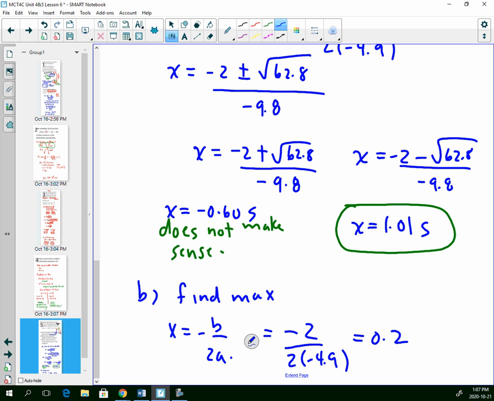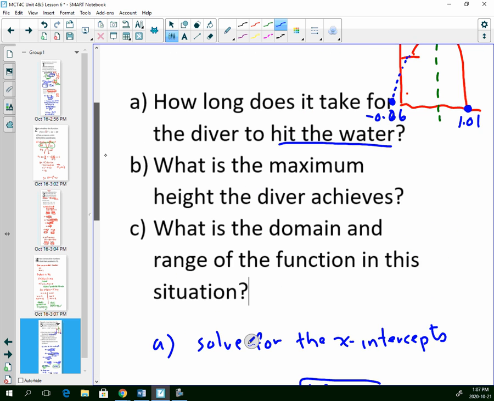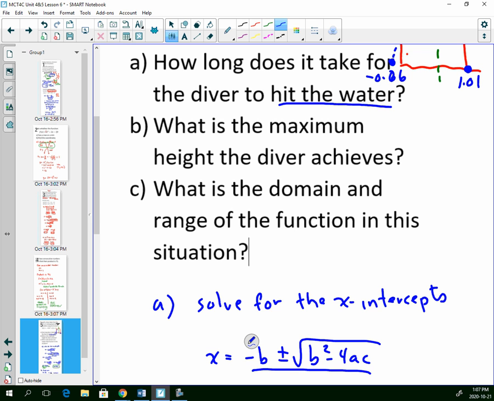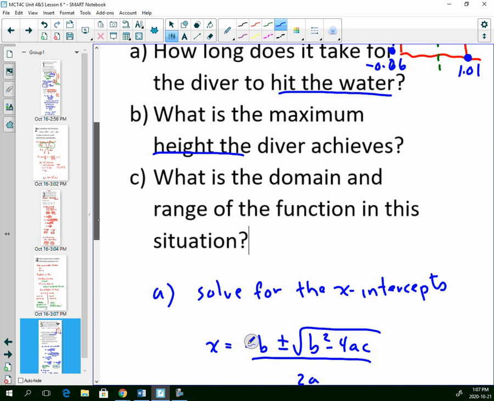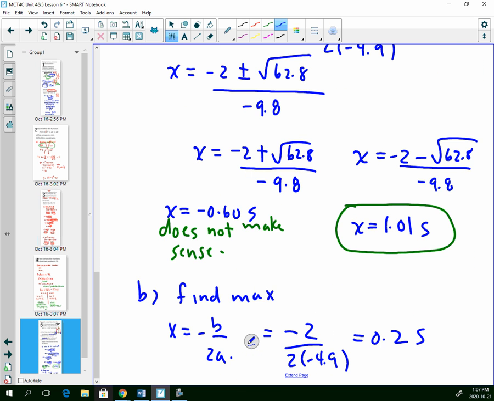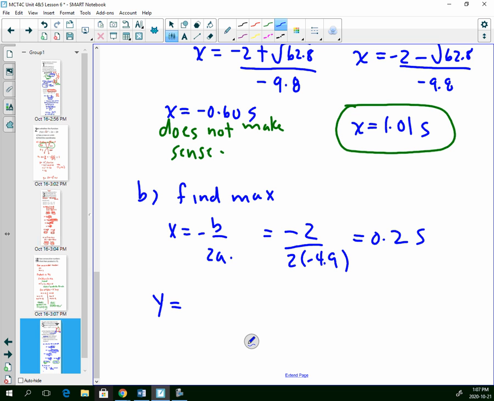So the maximum height occurs at 0.2 seconds, and the question says, what is the height? So the height would be the y value that goes with this x, right? This is the time that it occurs, so now I have to find the height. So we're going to put that time into the equation.